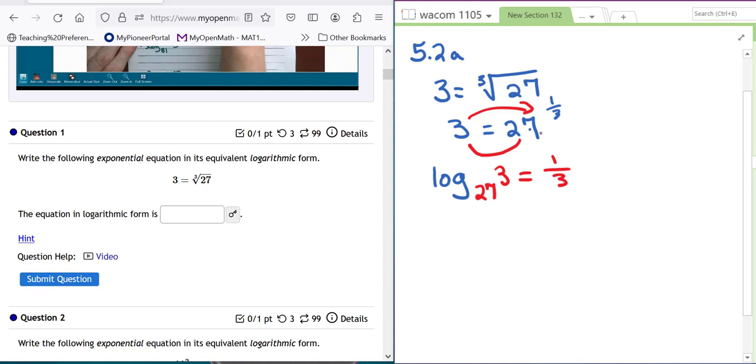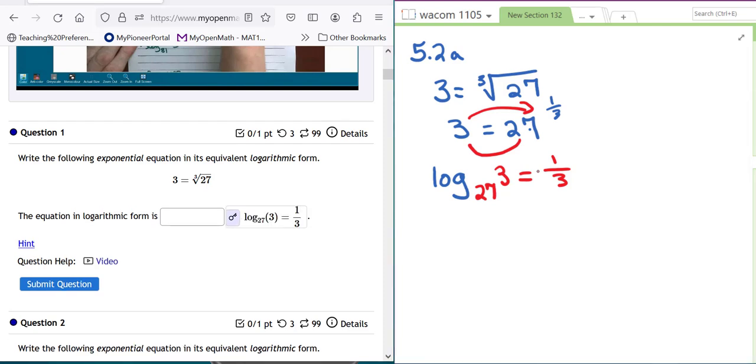So start at the base: the log base 27 of 3 equals 1/3. You're just switching; these are equivalent. Log base 27 of 3 equals 1/3. So you're always doing a spiral around the equals. Start every time at the base, and sometimes you go counterclockwise, sometimes clockwise. But the base is the same in both.